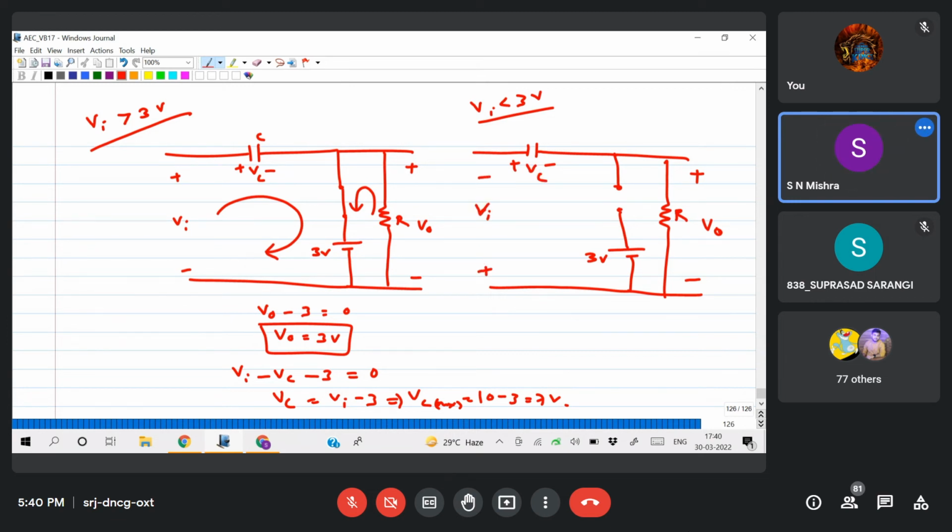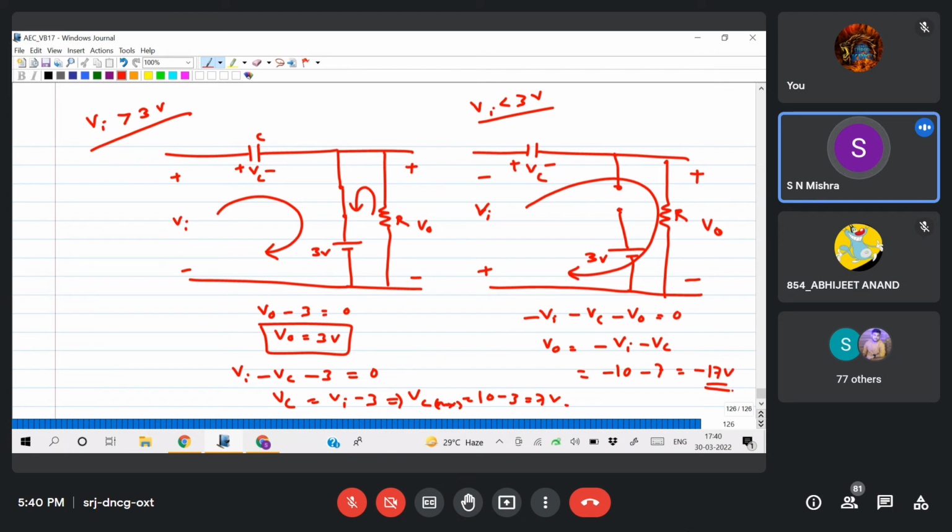Vi. So apply KVL: minus Vi minus Vc minus V naught equals 0, V naught equals minus Vi minus Vc. Minus Vi means how much are we giving in the negative half cycle: minus 10 minus 7, minus 17. Okay.